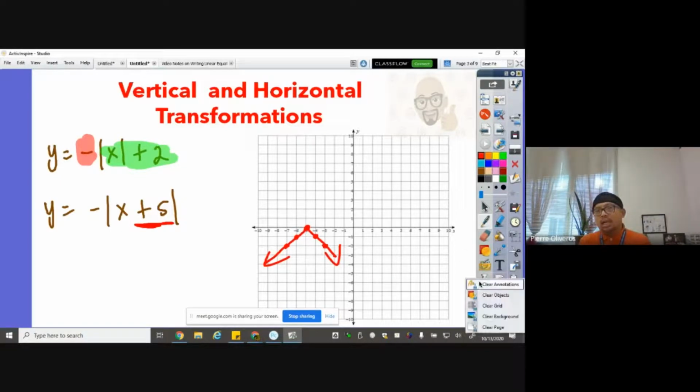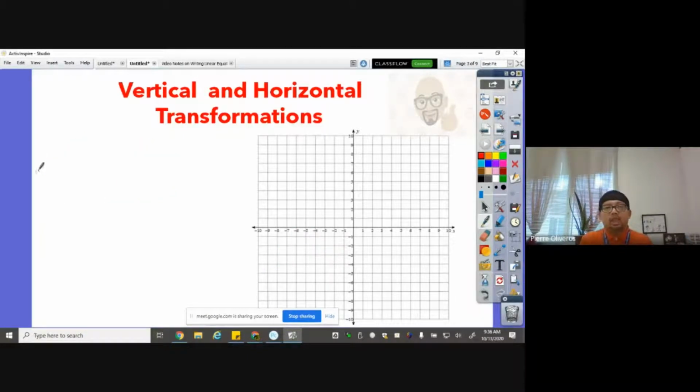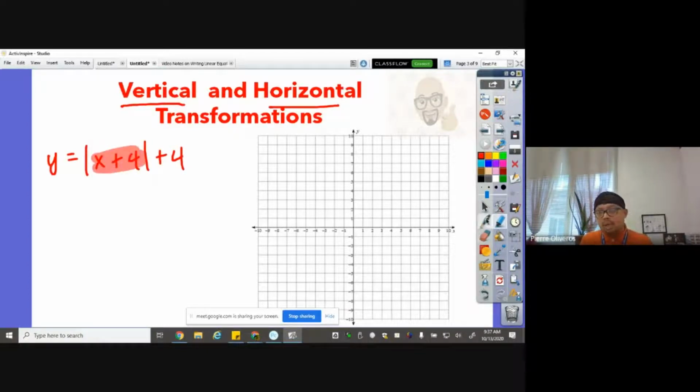All right. So again, what if they are combined? The transformation, the vertical and horizontal. So what if we have y is equal to absolute value of x plus 4, plus 4? First, let's analyze inside. That's x plus 4. That is going to the left 4, but stop, that's not your vertex because you have another transformation here.